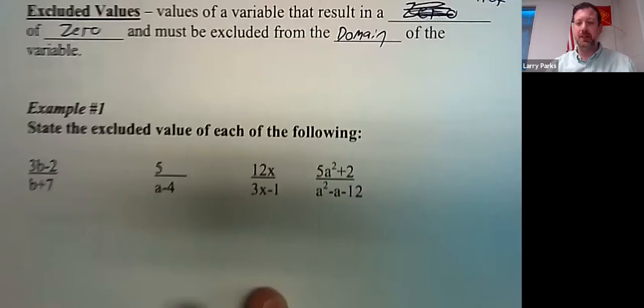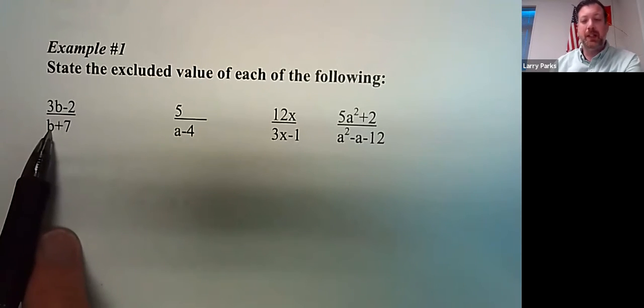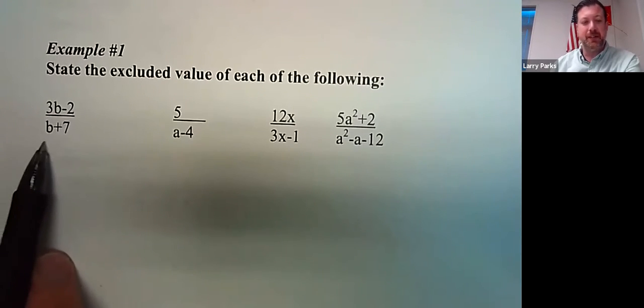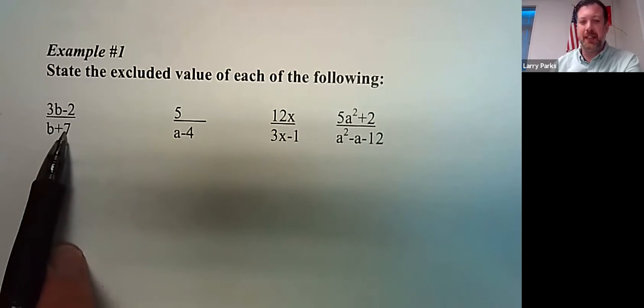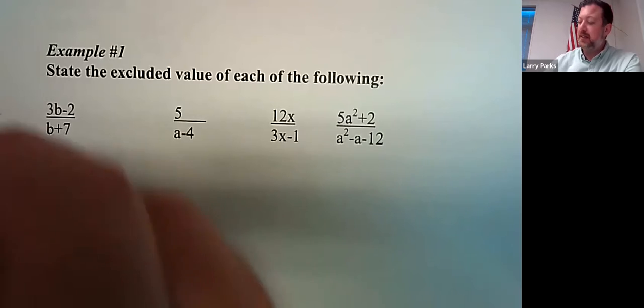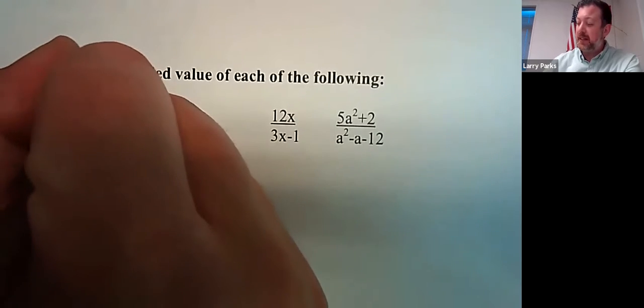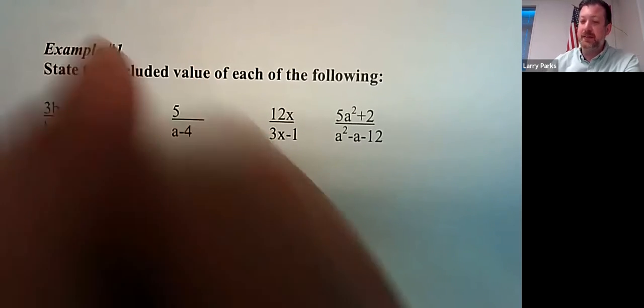Here are some examples. What number would make this 0? Well, when b is -7, -7 plus 7 is 0, you can't divide by 0. So I would say b cannot equal -7.